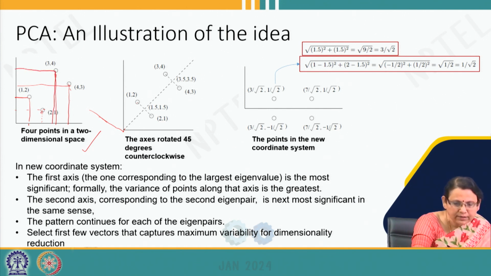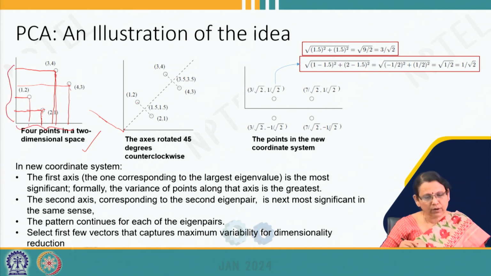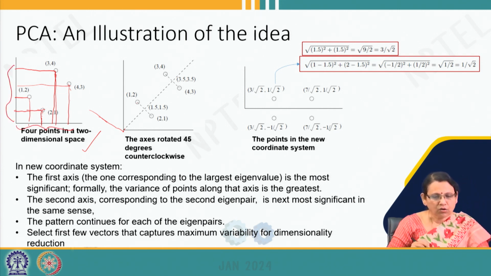Now, look at the variability on the x axis and the variability on the y axis. They are almost looking the same, not much difference. But now you look at this.